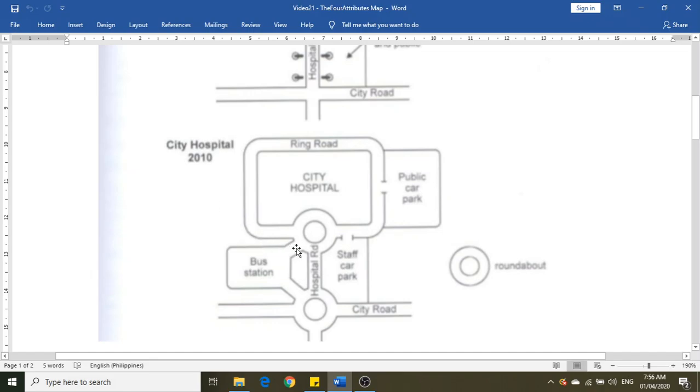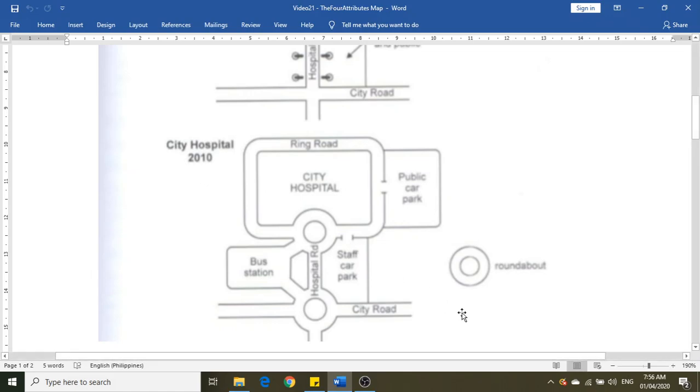So like had changed, had been moved, had improved. That's another option for the tensing. Either the simple past, which is just for example improved or changed, or we can say had changed or had improved.